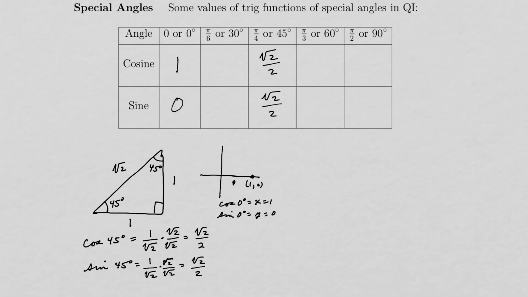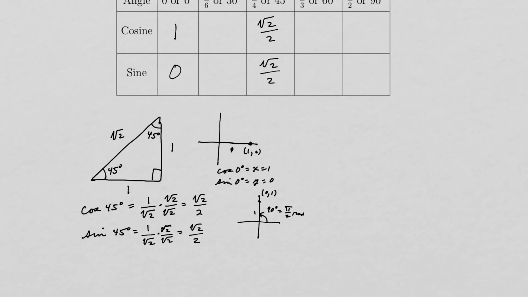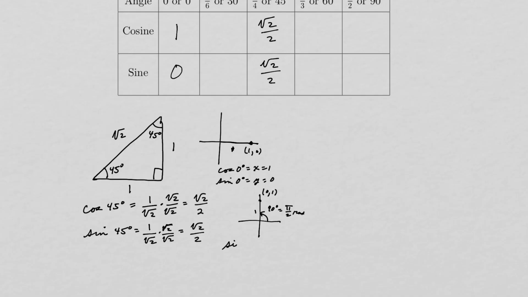And then 90 was the other special case where we're looking at this angle, right? This is 90 degrees, which is pi over 2 radians. And that has, if this is a unit circle, coordinates 0, 1. So now cosine of 90 is going to be the x value, but that's 0.